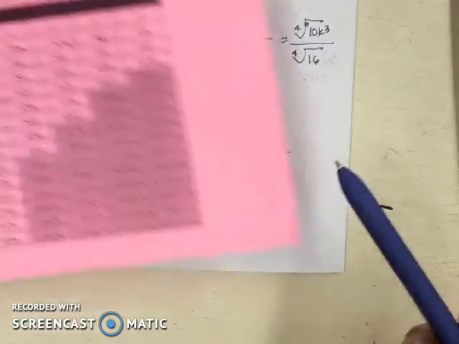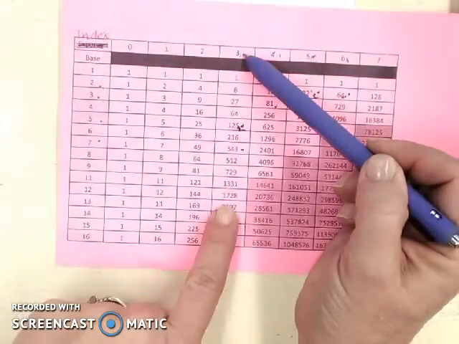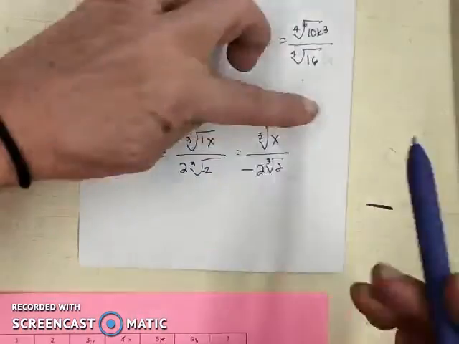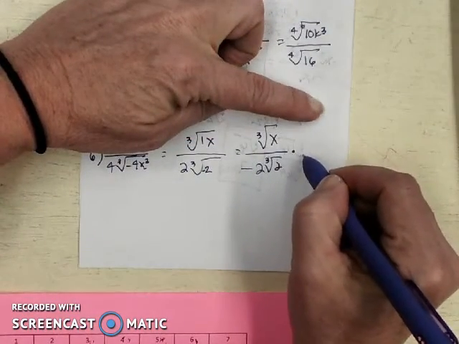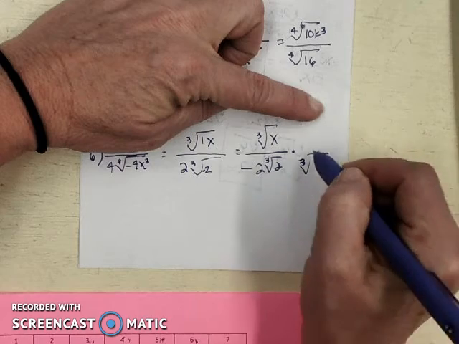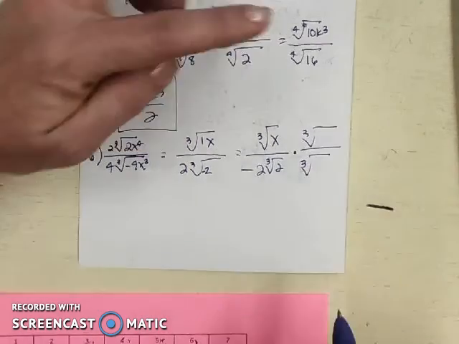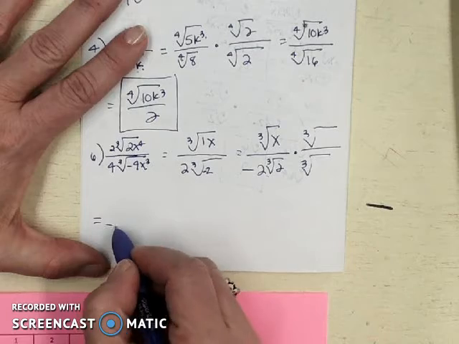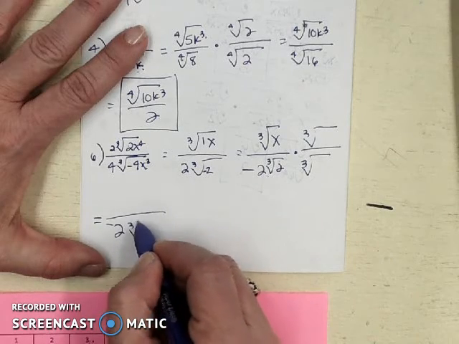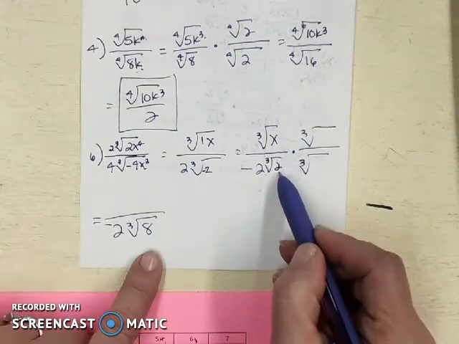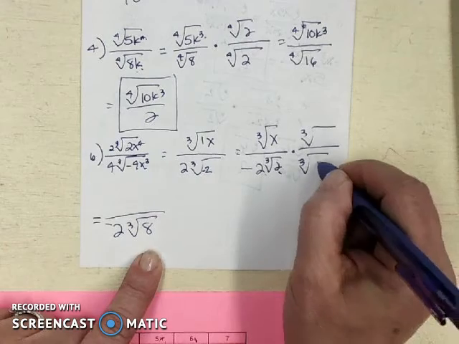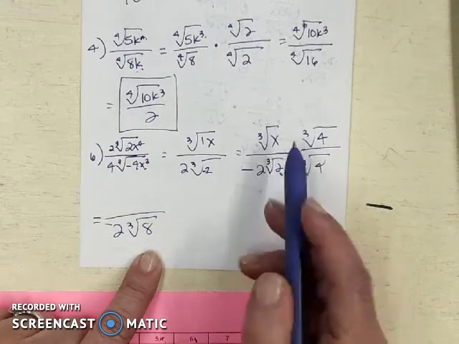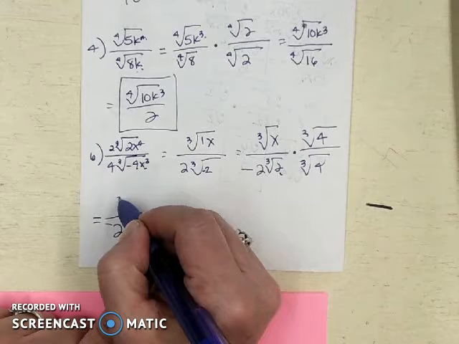The cube root of 2, not there. But 2 will go into 8. So I've got to multiply this by the cube root of something so that I get, remember there's going to be a -2 out front, the cube root of 8 on the bottom. So what times 2 gives me 8? So in my numerator, I have the cube root of x times the cube root of 4.